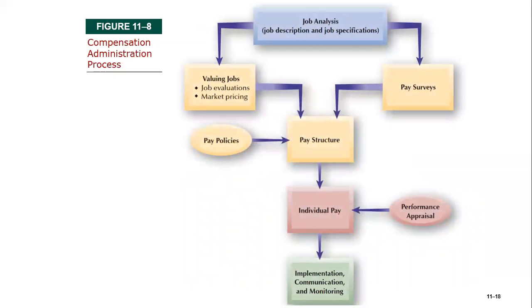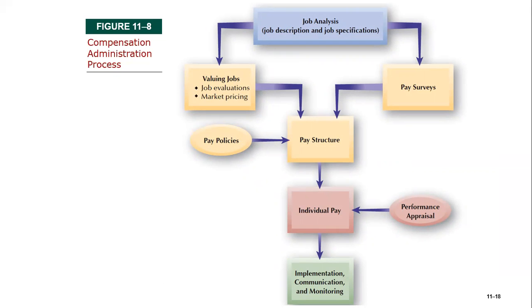Okay, compensation administration process. Now we are here: how we are going to go through the administration of the compensation, how we can evaluate a job, how we can determine how much difficulty a job involves and how much an employee should be paid for a certain job.